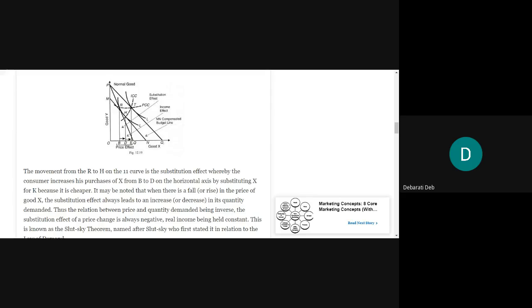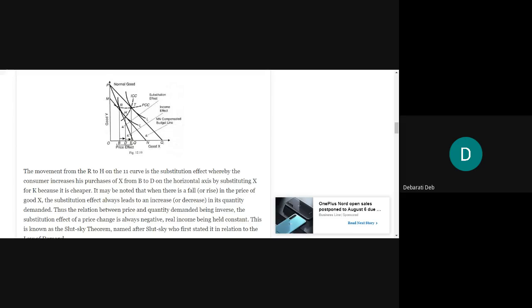And if the price of good X decreases, the change in the quantity demanded of X will be positive, as it will increase because the price of X has fallen. All right. So this is an inverse relationship. If the price of X increases, the substitution effect will always be negative.